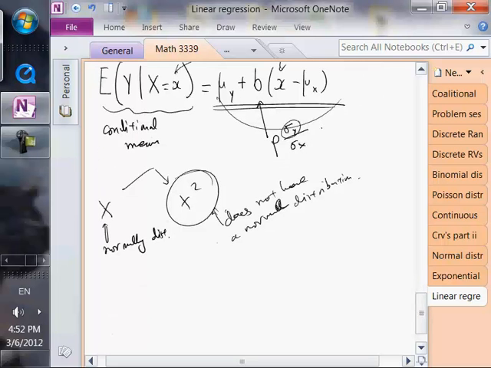Sigma y and sigma x are the marginal standard deviations, the ones that they have themselves. So this b depends on the correlation coefficient. What is the correlation coefficient? The correlation coefficient is the covariance of x and y divided by the product of the marginal standard deviations.